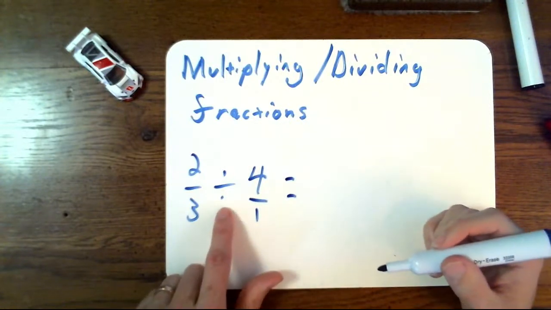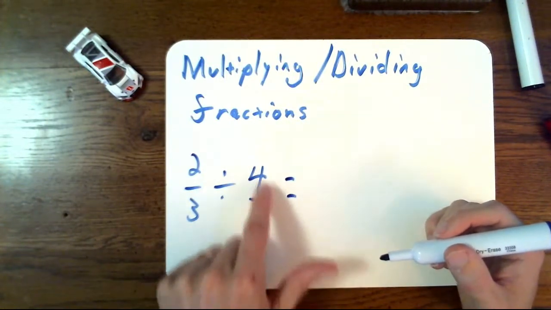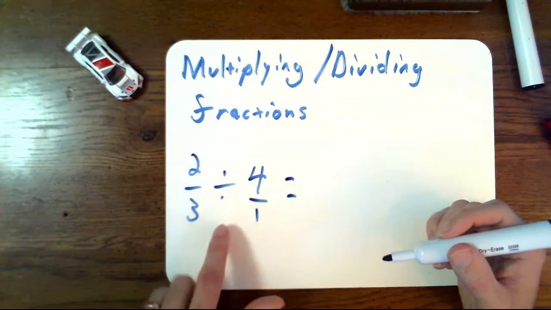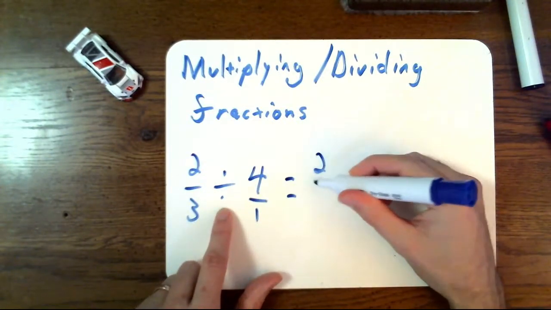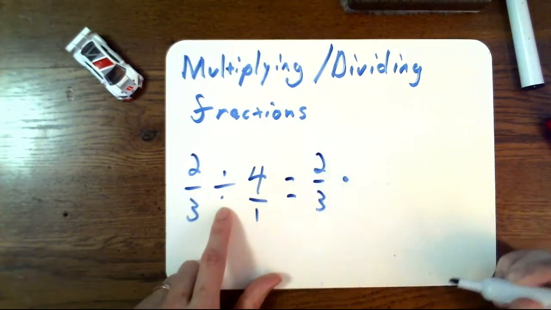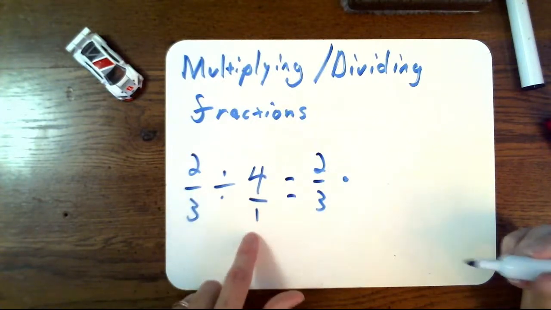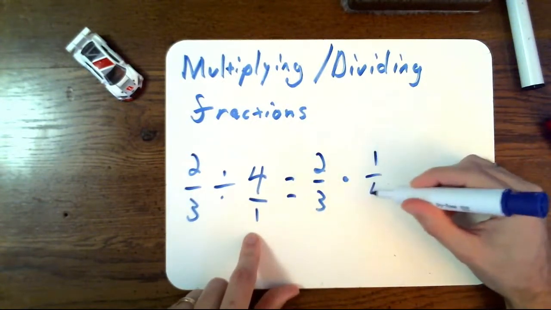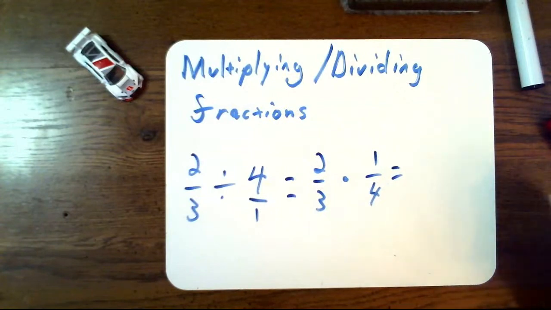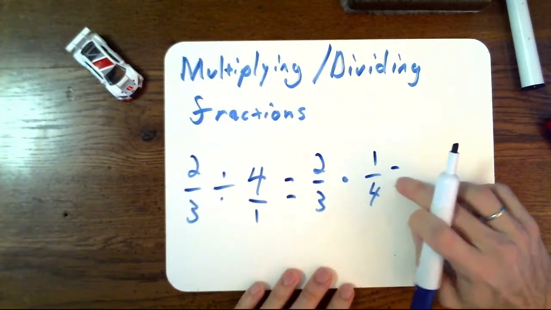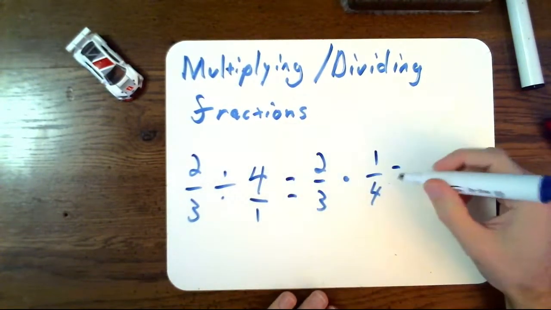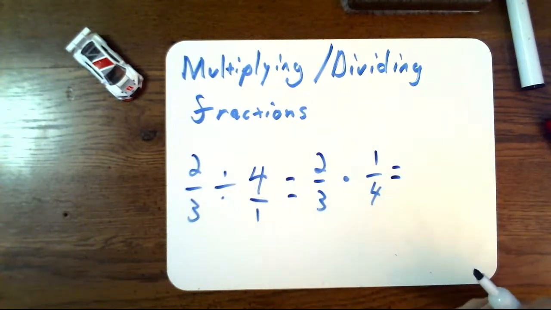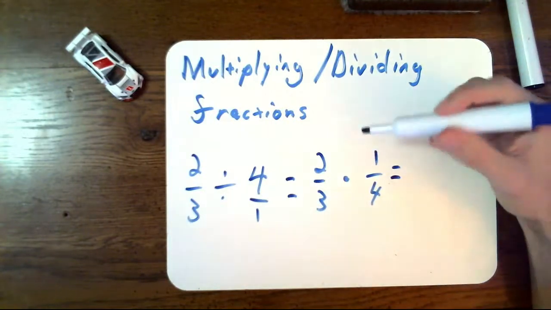So now that we have this expressed as a fraction, let's change this to multiplication so we can get a better idea of what we're doing. So keep, change, flip. And now in the last question, I carried out the multiplication and then reduced later. In this one, actually, I'm going to talk about cross-canceling.